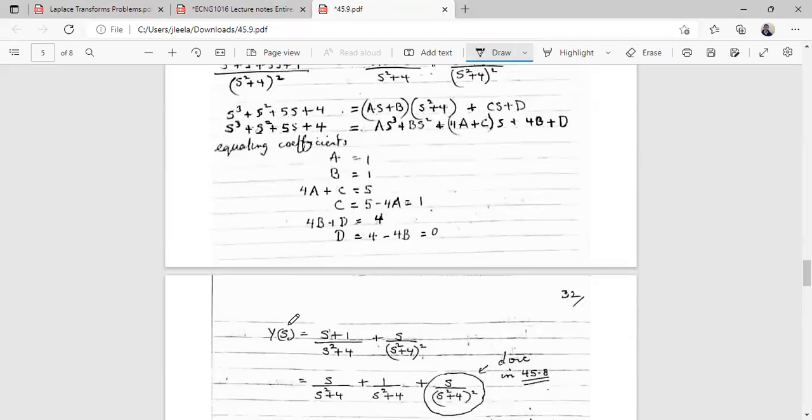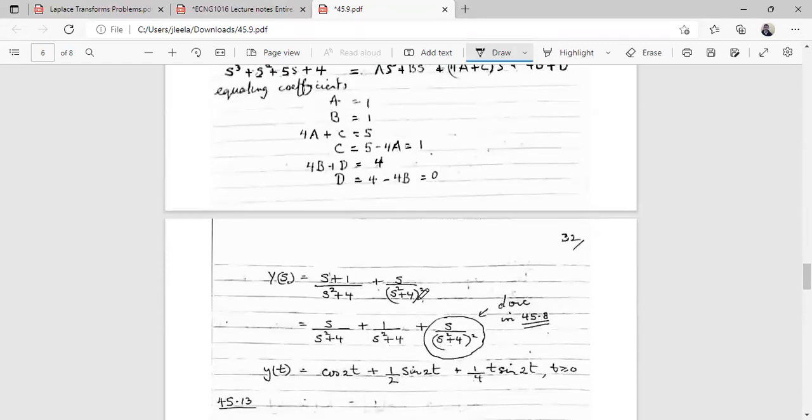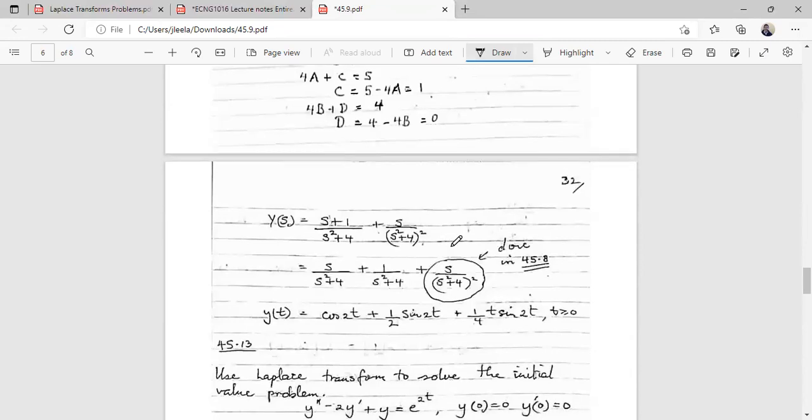So when you write it back here, Y(s) is (s plus 1) over (s squared plus 4), plus s over (s squared plus 4) squared. And this first part here could be broken into s over (s squared plus 4) plus 1 over (s squared plus 4). And this part here, done in 45.8, is where we use the convolution theorem.